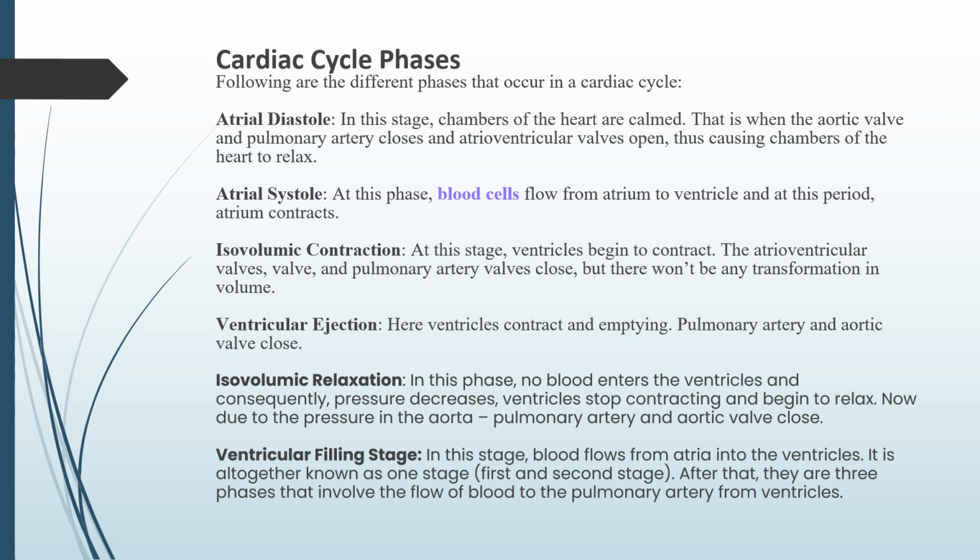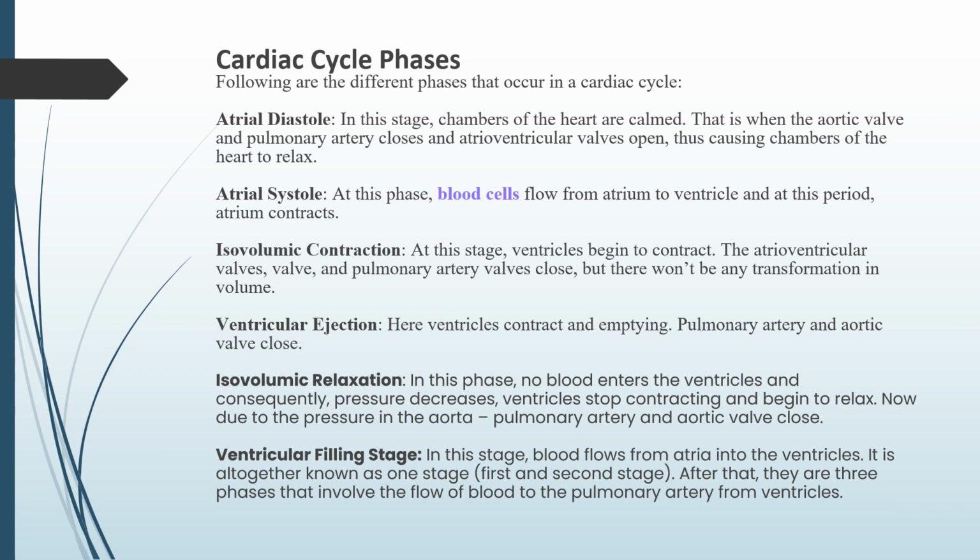Isovolumetric relaxation. In this phase, no blood enters the ventricles and consequently pressure decreases, ventricles stop contraction and begin to relax. Now due to pressure in the aorta, pulmonary artery and aortic valve close. Ventricular filling stage.